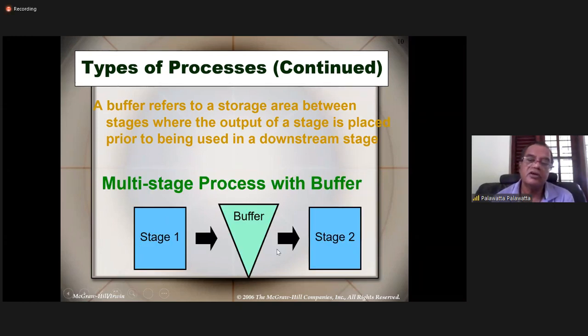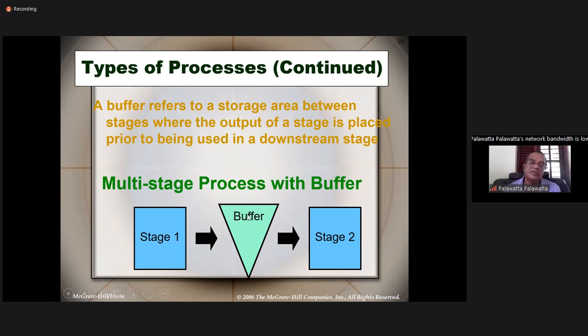So before stage 2, you have a buffer. So this buffer can be inventory. After producing in stage 1, what is produced in stage 1 is stored here in the storage. And then from the storage taken to produce in stage 2.